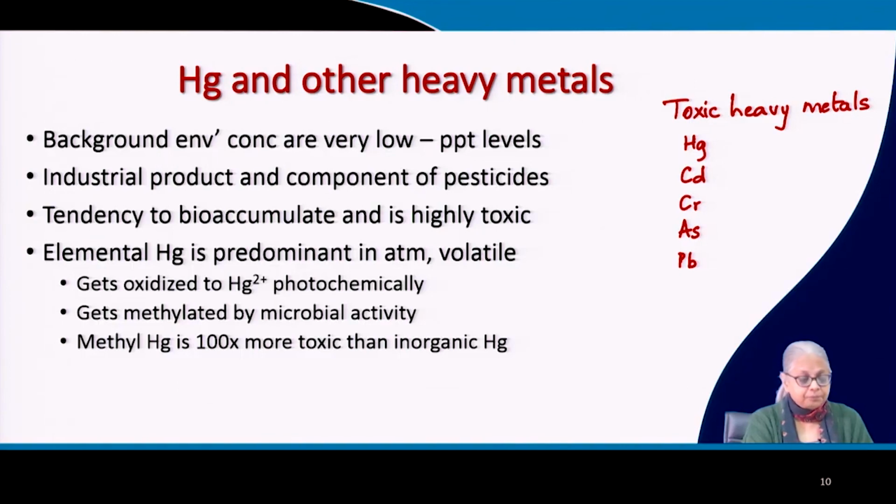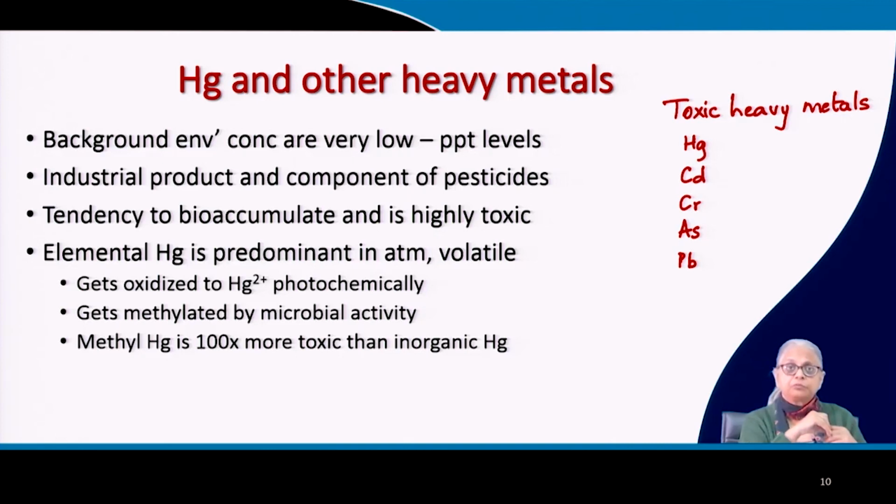It's a neurotoxin. Now, elemental mercury is predominant in the atmosphere, and if you're wondering why, it comes from thermal power plants which burn coal. Coal contains a large number of heavy metals, and when it's burned, all these heavy metals will rise with the hot gases, and mercury has a very low boiling point compared to all the other heavy metals.